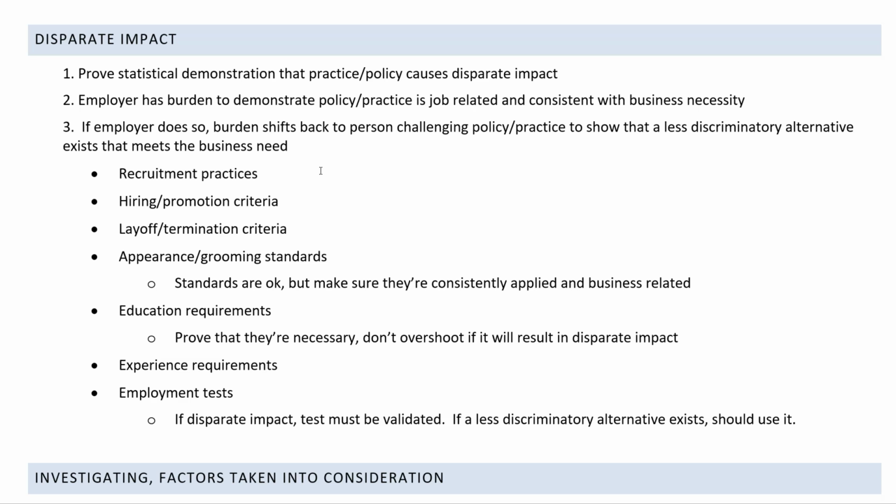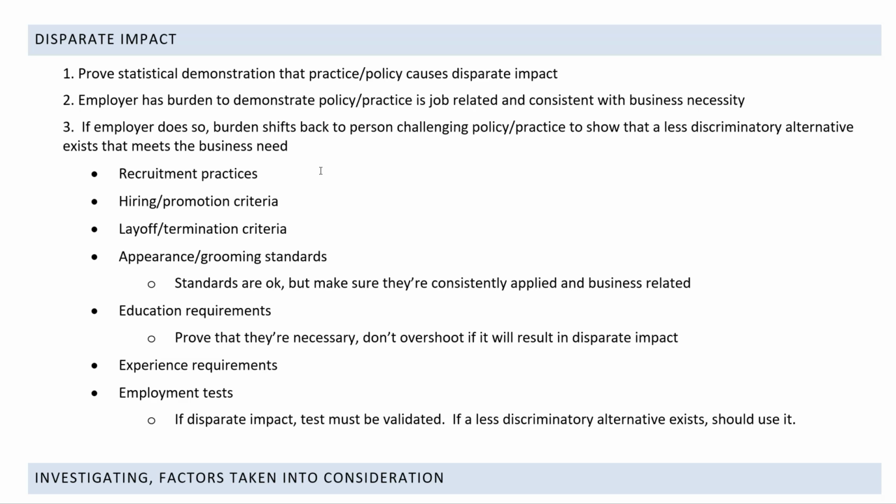The employer has a burden to demonstrate that the policy or practice is job-related and consistent with business necessity. If the employer successfully proves this, the burden shifts back to the person challenging the policy or practice to show that a less discriminatory alternative exists that still meets the business need.